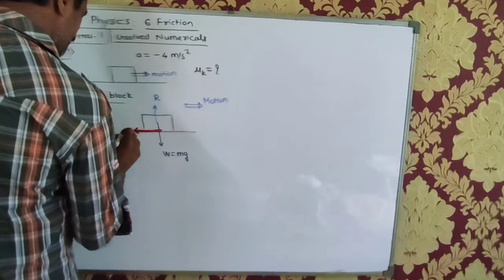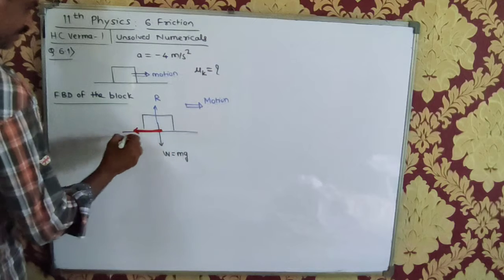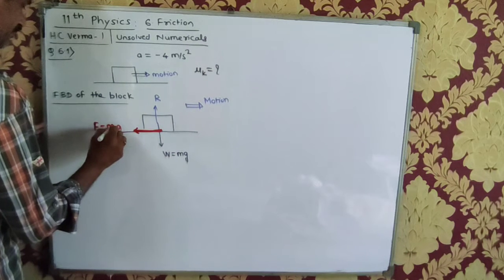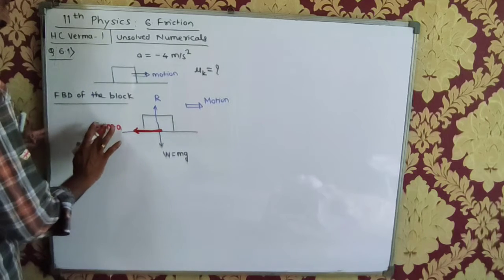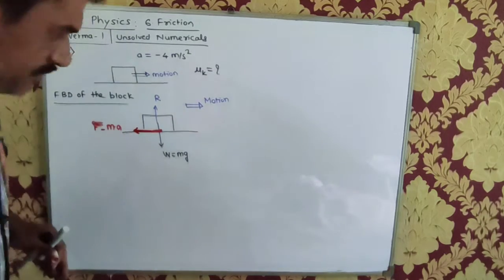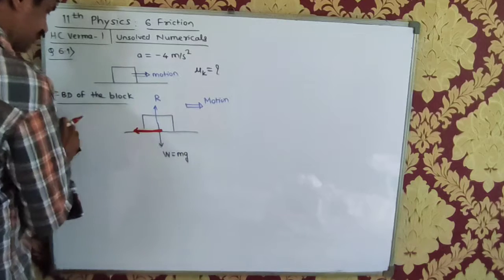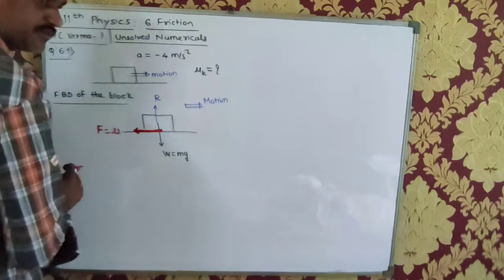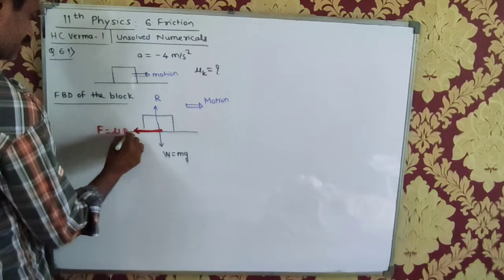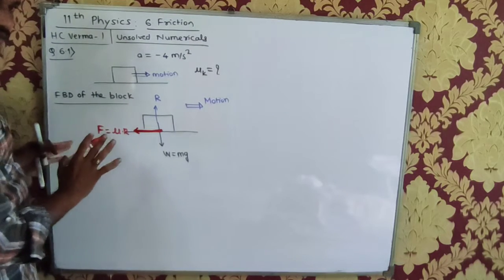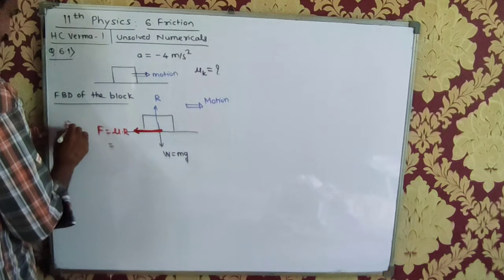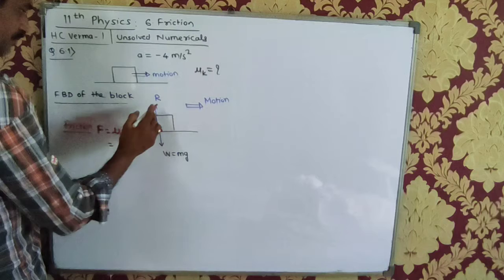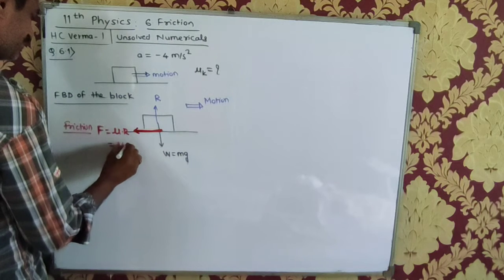This is the direction of frictional force. F is equal to mu times the normal reaction. This is the force of friction. F is equal to mu into R, but R is equal to mg, so this will become mu into mg.